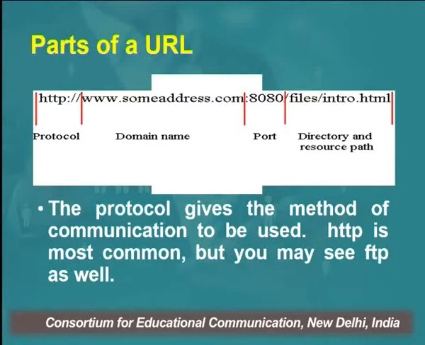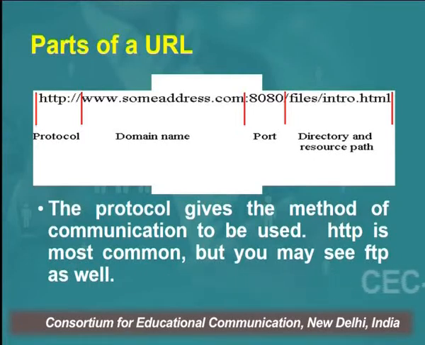So the first part of the URL specifies the protocol according to which the data will be shared or the communication will take place. The second part you can see is www, which of course stands for World Wide Web, and then you have the domain name. The domain name is basically the name or the identity which you give to your website. Then you have the port.